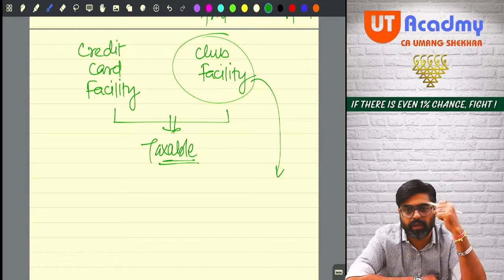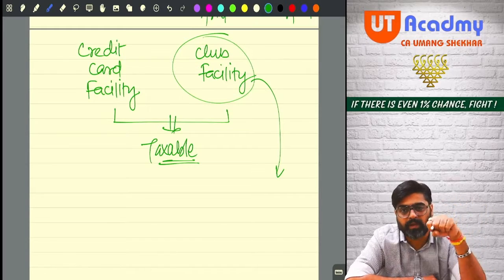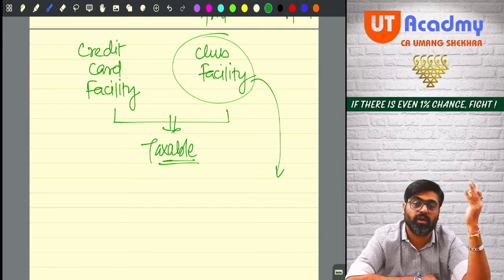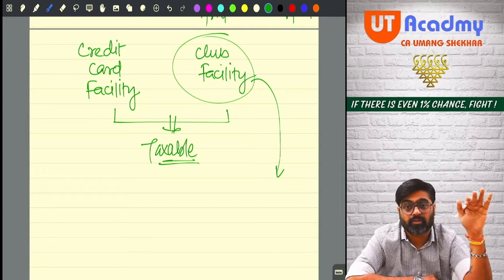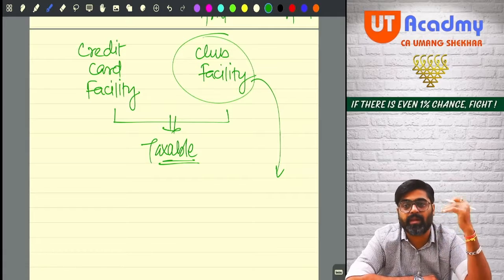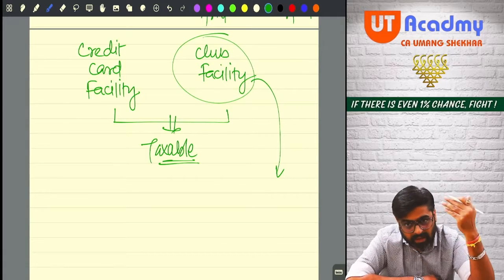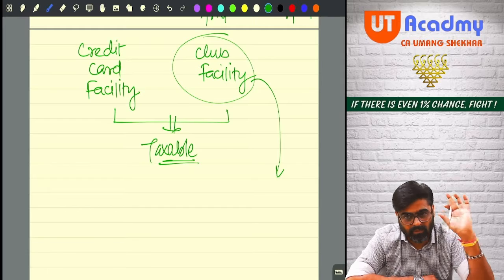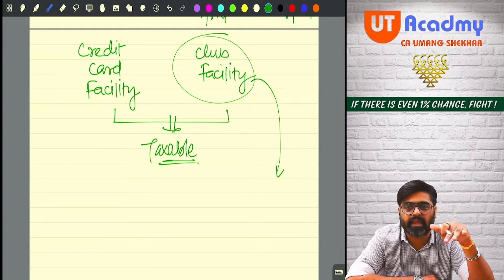So how much amount will you take? You will take the amount actually spent by the employer, for you as well as your household members. Sometimes the annual membership fees of the club are also paid by the employer. Then take that amount also as your benefit. Now the total will be your personal benefit minus the recovery.